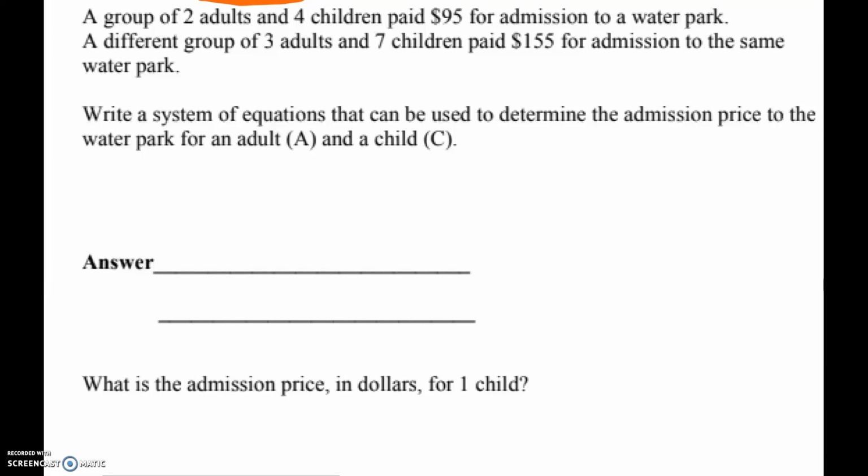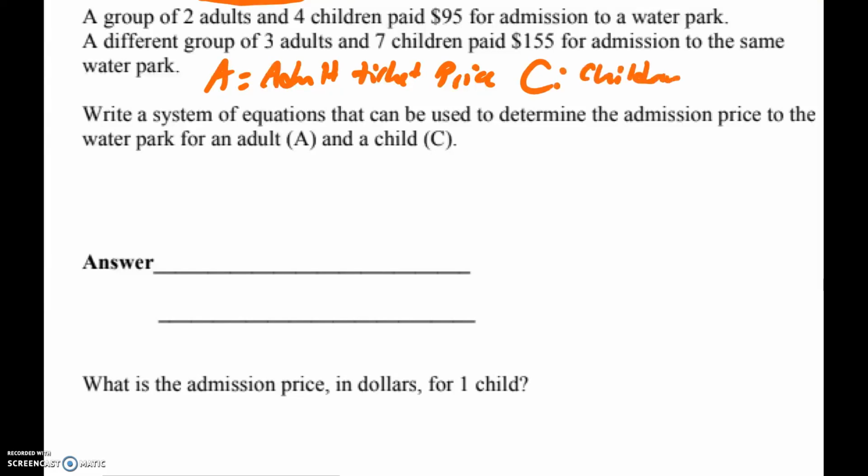Let's use A for the adult ticket price, and C for the children ticket price. Unit price, of course, for one ticket. I'm talking about one ticket price. All right.